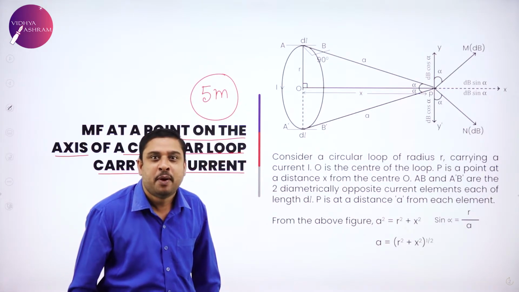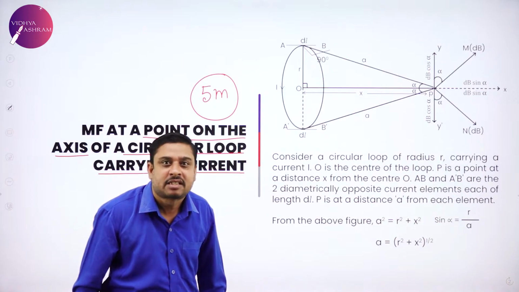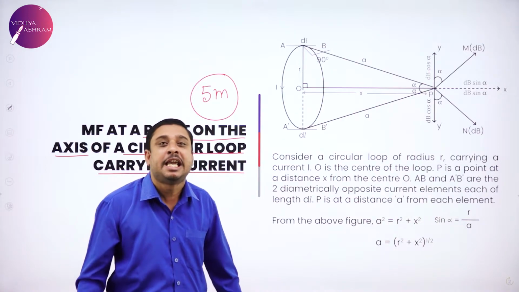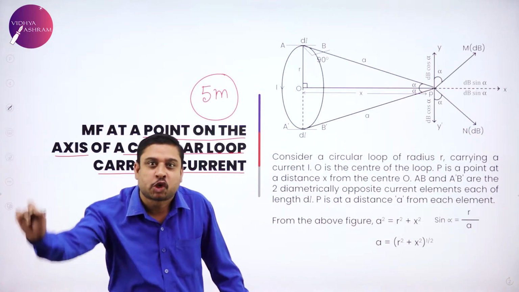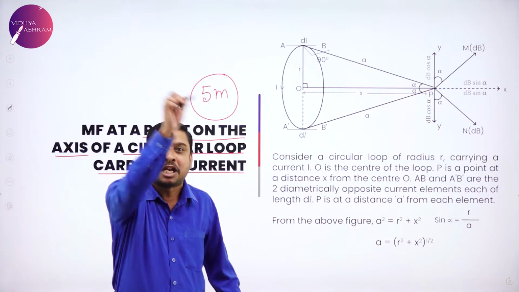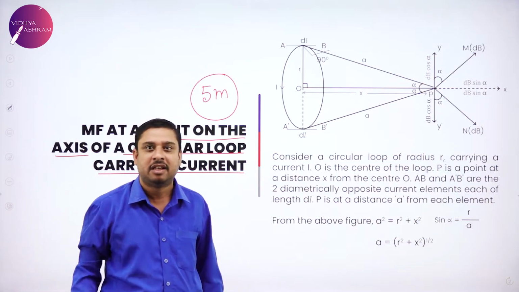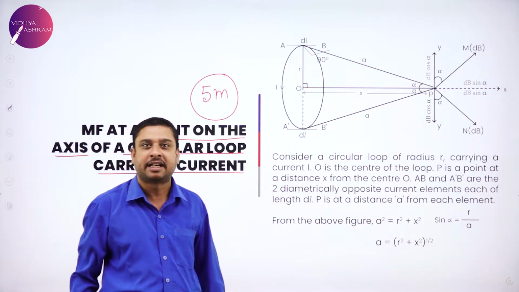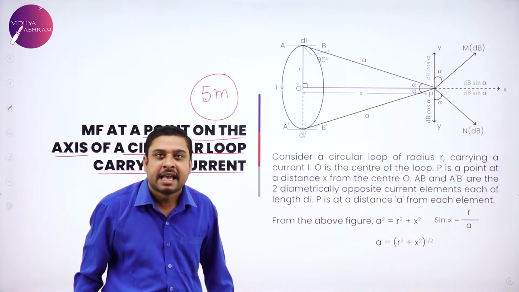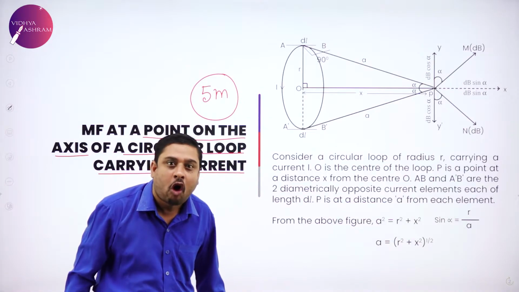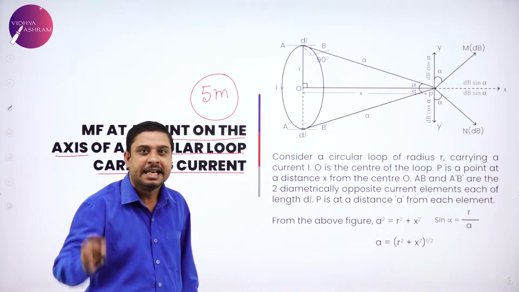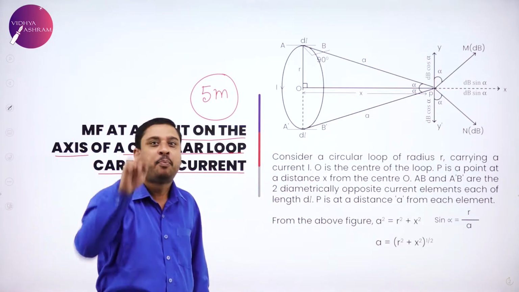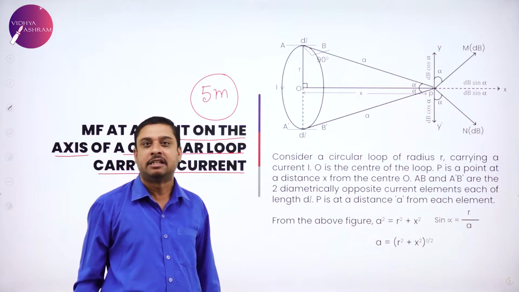The shape of the conductor is clearly mentioned. It is a circular loop, circular coil, not a straight conductor. It is a circular coil carrying current, circular loop carrying current.